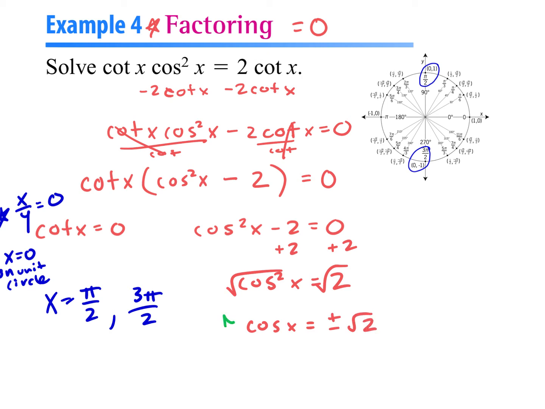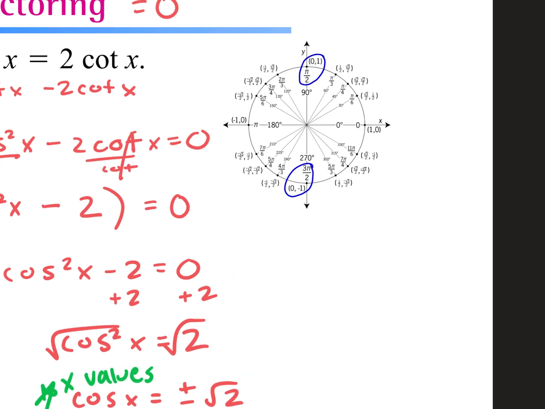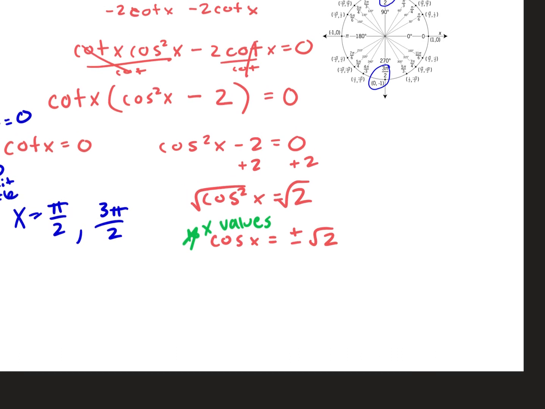Cosine tells me I have to look at what values? The x values. On my unit circle, do I have any x values that are positive or negative square root 2? Nope. So cosine of x here for this one is not on the unit circle.